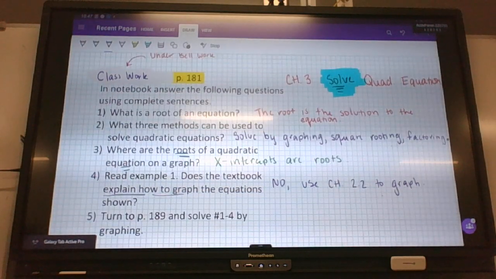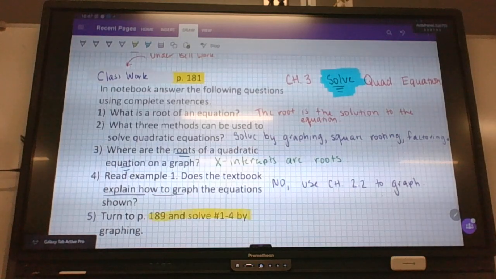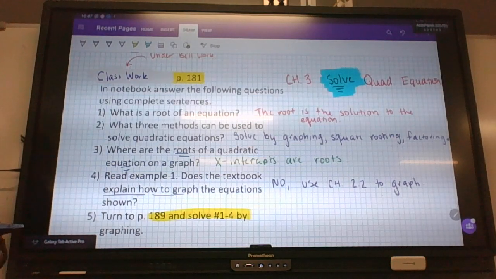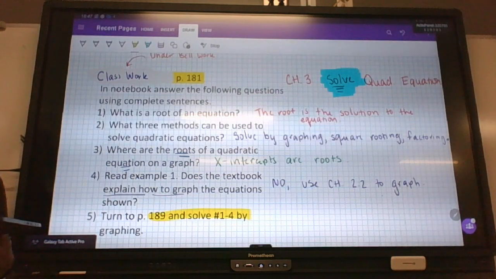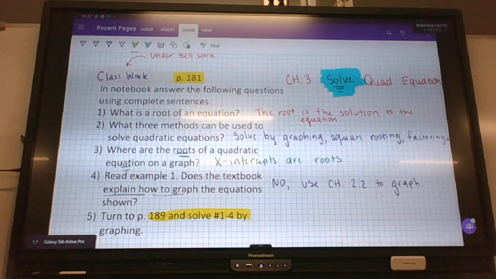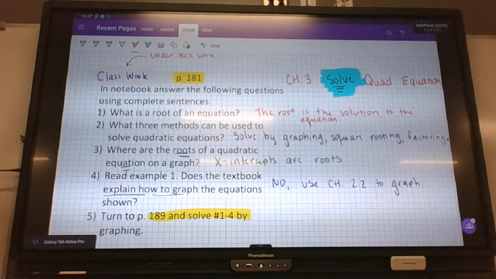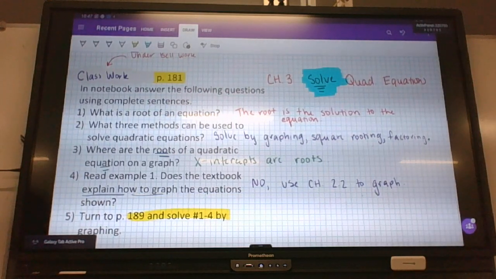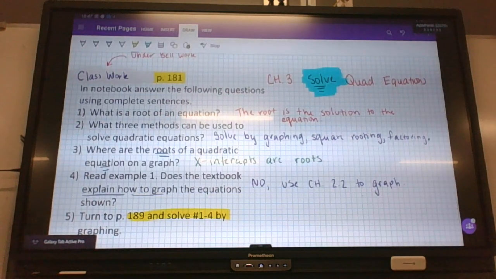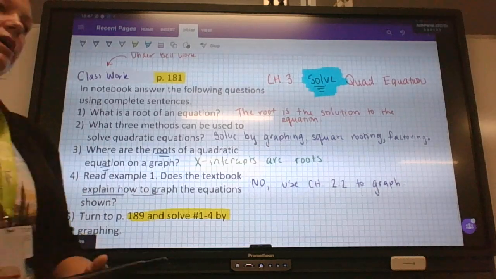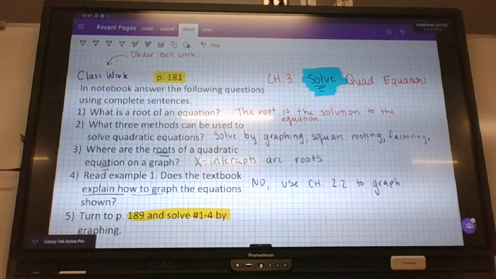Now we're going to go to page 189, and we're going to do 1 through 4. I'm going to do number 1 with you, step by step, and then you guys do 2, 3, and 4 on your own. So as I look around and I see you on page 189, I know you're ready to move on. I can wait if you're not ready.